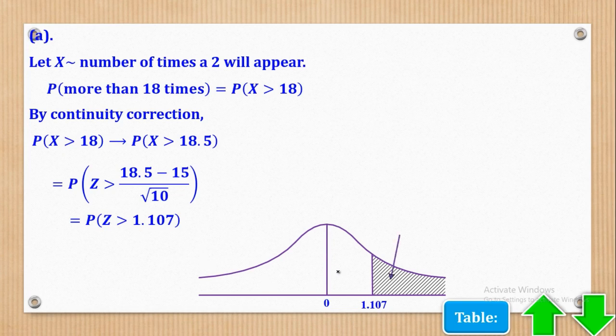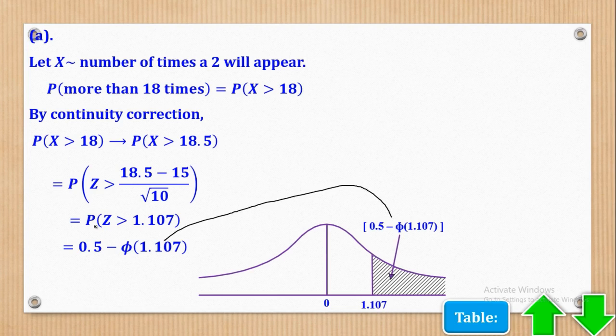It means that this shaded part is 0.5 minus phi of 1.107. Why? Because the whole of this from here up to the end is 0.5, but from here up to here is phi 1.107. Therefore, the remaining part will be 0.5 minus phi of 1.107.